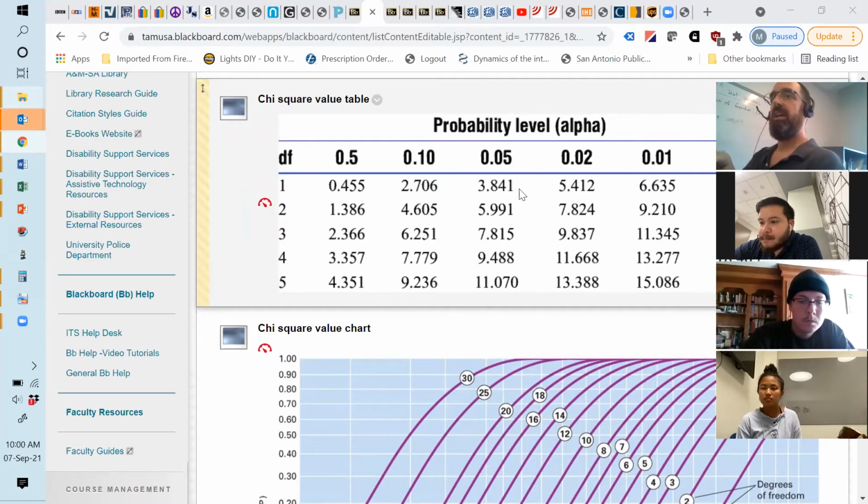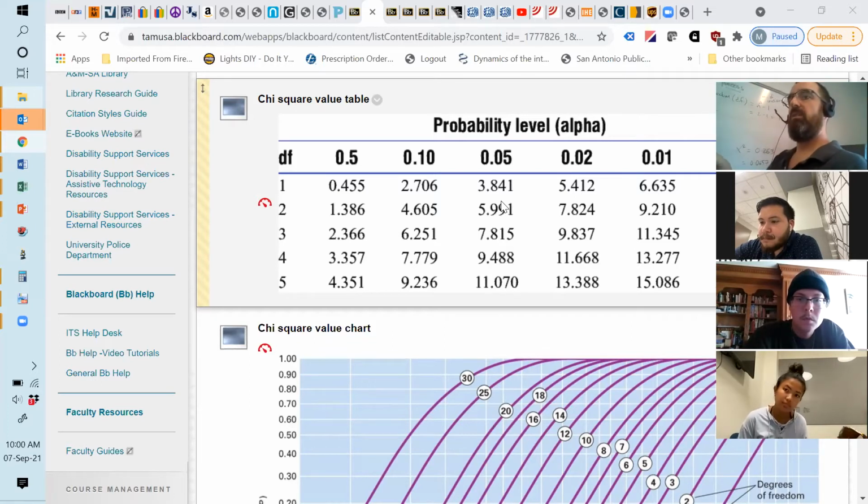And now you look over here and see, is my chi-squared value larger or smaller than the value that my cursor is pointing at, 3.84? Is it larger or smaller?